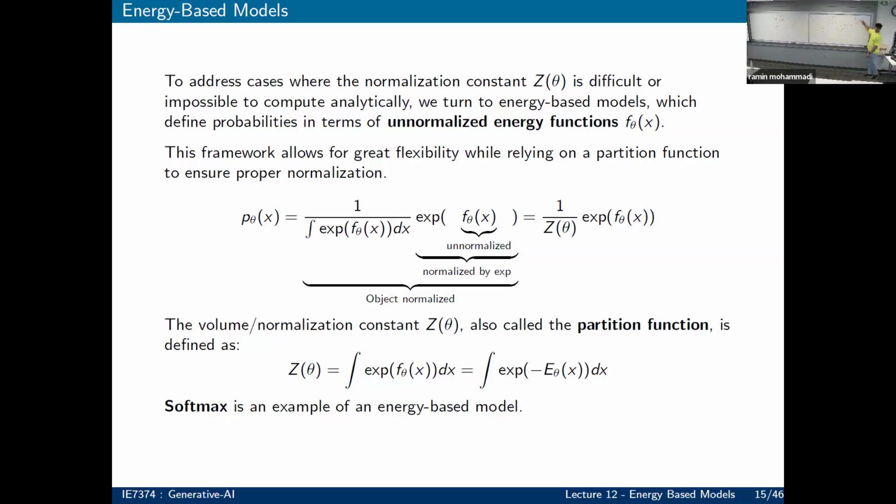When you're around a dense area, where everything is dense together, the energy will be low. Energy is like an amount of movement that you can, for example, have. As you get away, you go toward the more sparse region, then the energy becomes high. That's why we use the negative of the energy. They have a reverse relationship: the energy and the value that your model has, the f of theta. So does that make sense?